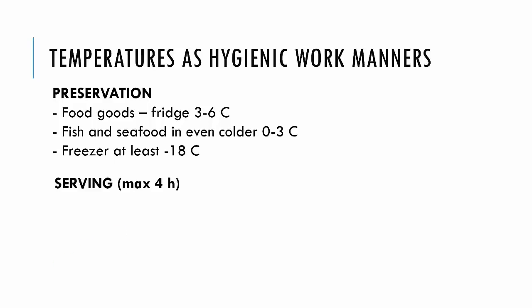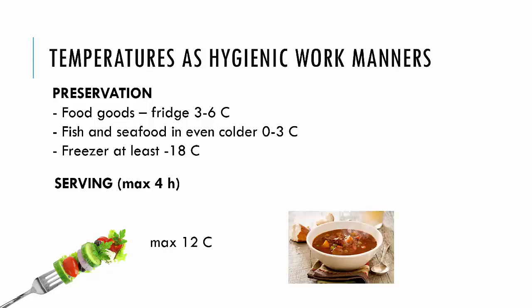If you are serving cold foods, the temperature should be a maximum of 12 degrees. If the food goods are meant to be served hot, the temperature should be at least 60 degrees while serving the food good.